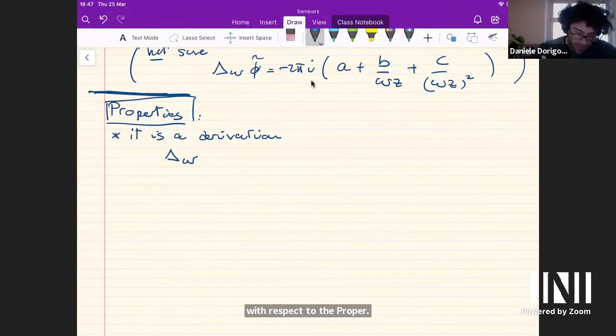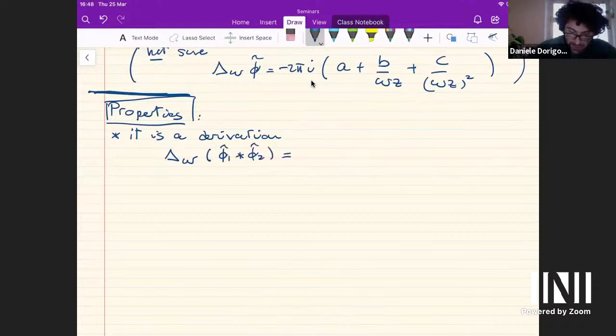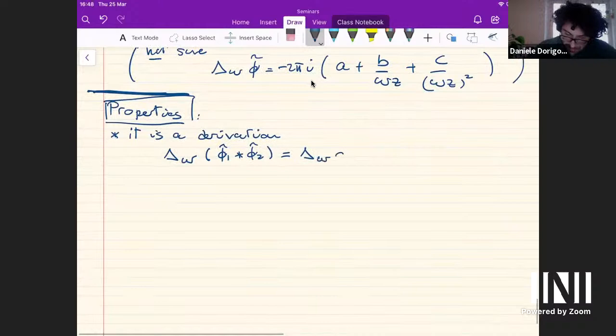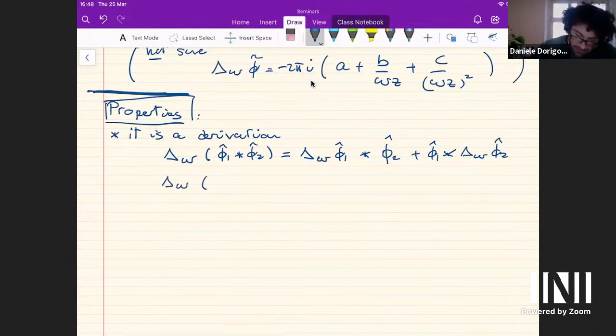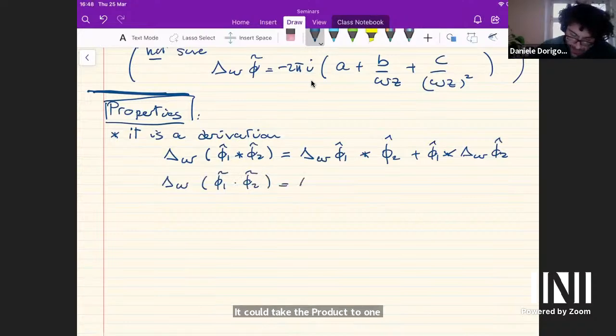So it is a derivation in the sense that if you take the convolution of two guys, it distributes, and similarly in the multiplicative model. If you take the product of two formal power series, it's just distributing.